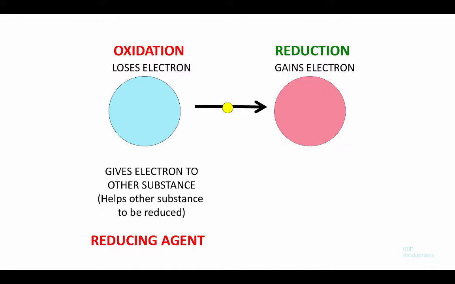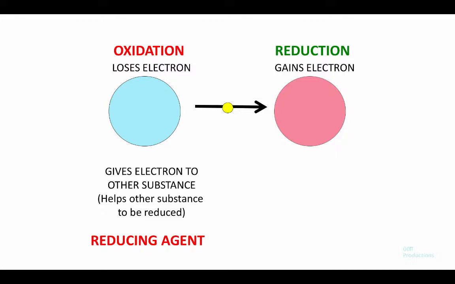So not only is that blue atom losing its electron, it's giving it to the red atom. Without that giving of the electron, the red atom would not undergo reduction. So essentially what's happening here is the blue atom is facilitating the reduction that's happening on the red atom. It is the reducing agent, or sometimes we call it simply the reductant. So it is the substance that causes reduction to happen in the other substance.